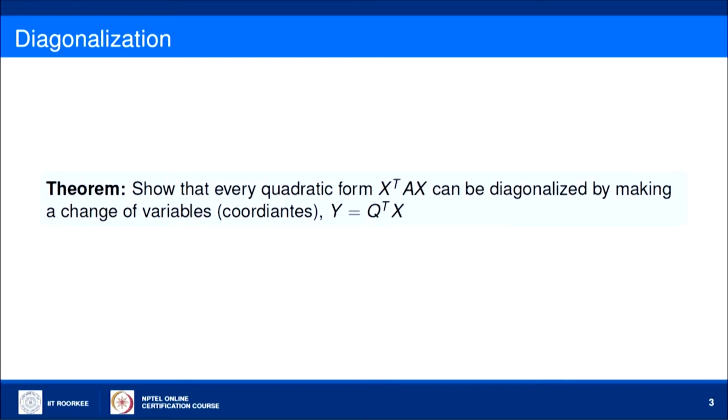Now, we have a very important result and we will see the application of this theorem later on. Every quadratic form x transpose A x can be diagonalized by making a change of variable or coordinates, say y equals Q transpose x. Let us see the proof of this.